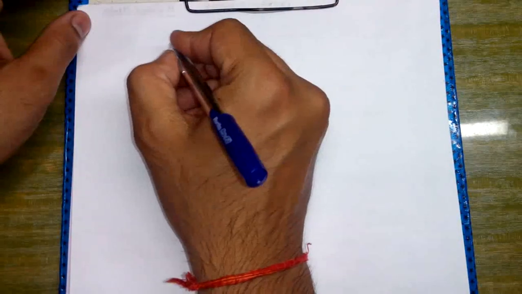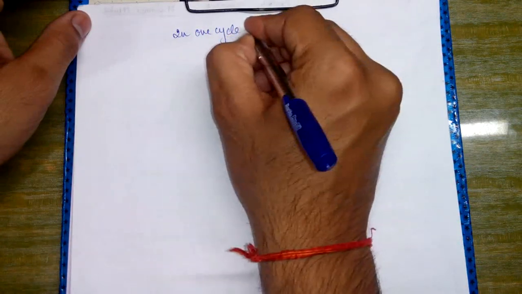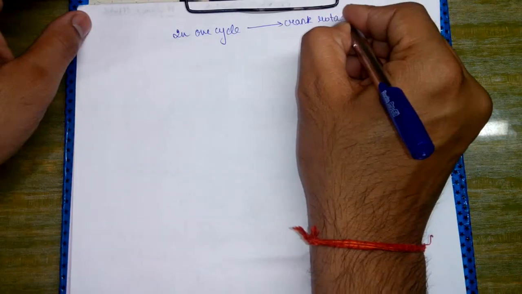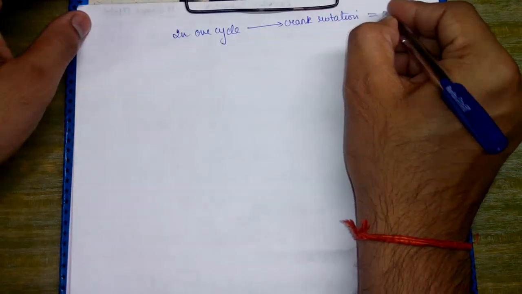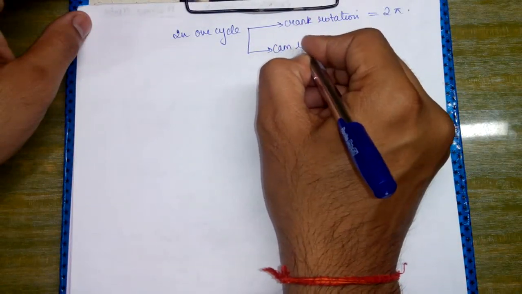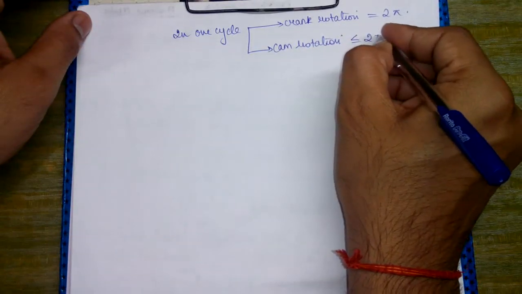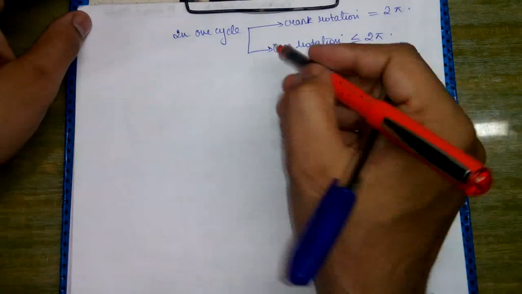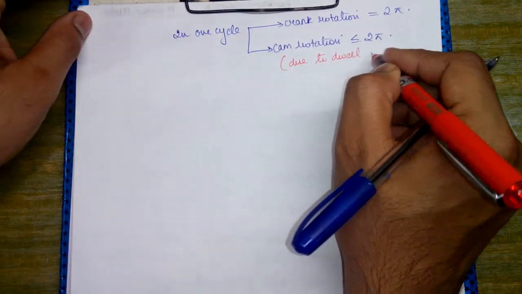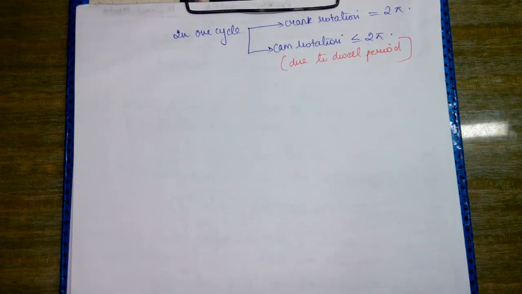In one cycle the crank rotation is 2 pi, but the cam rotation is less than or equal to 2 pi, simply because of the dwell period.